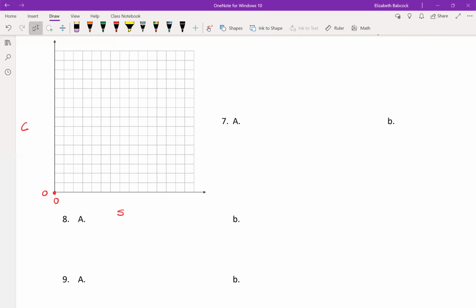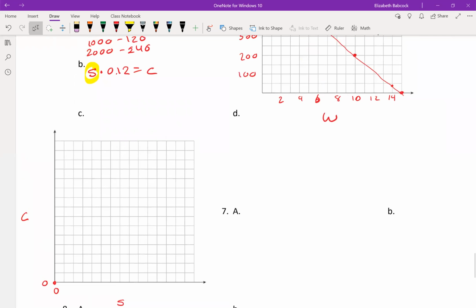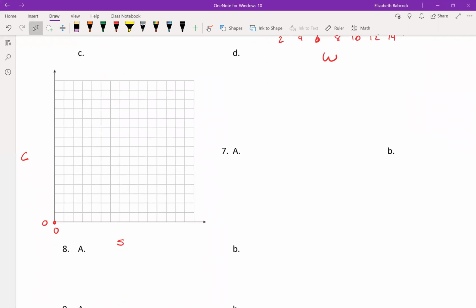Well, we know our sales commission goes as high as 240. That one we can do. 20, 40, 60, 80, 20, 40, 60, 80, 20, 40, 60, 80. So that gets high enough. So that's pretty straightforward and easy.